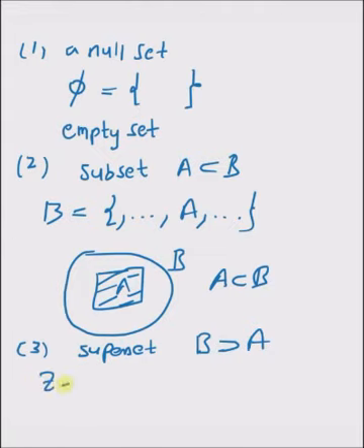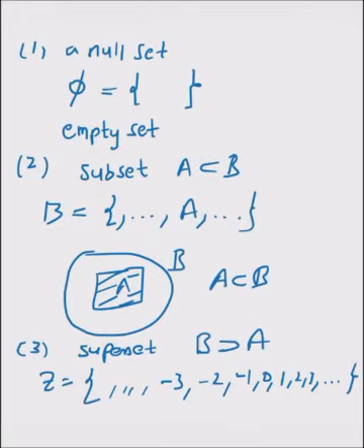Consider the set of integers which has all the numbers from minus infinity to 0 and from 1 to plus infinity. So this is the set of integers, that is both positive integers and negative integers. And we have the set of natural numbers 1, 2, 3 and so on.